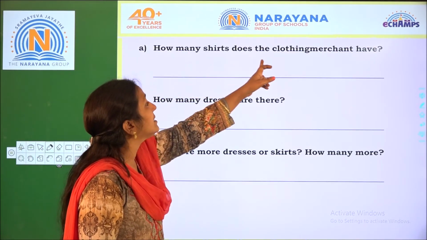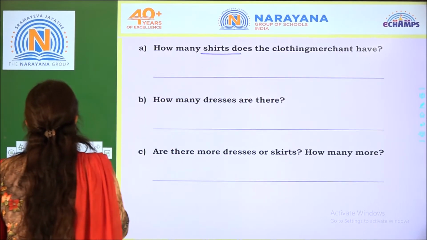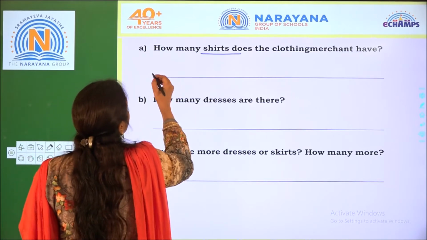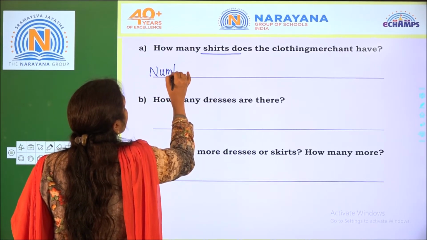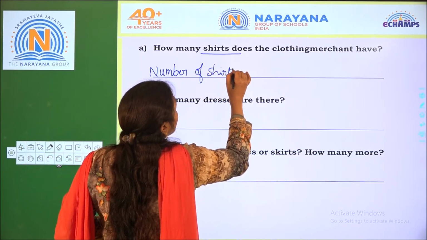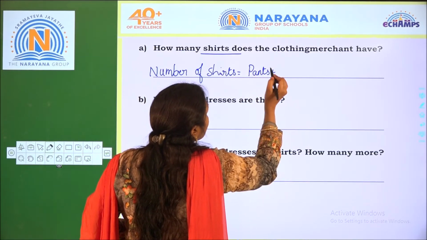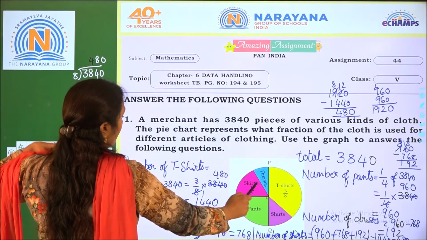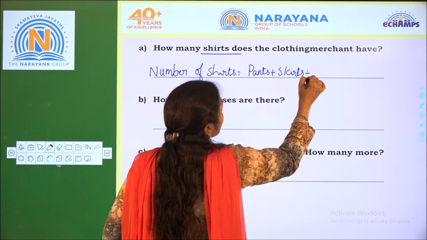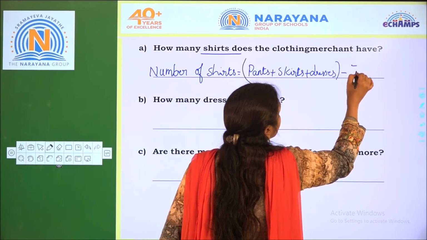How many shirts does the clothing merchant have? Just now I calculated, no? So how did you get the number of shirts? Once again I am explaining here. Number of shirts equals number of pants plus skirts and dresses minus t-shirts.